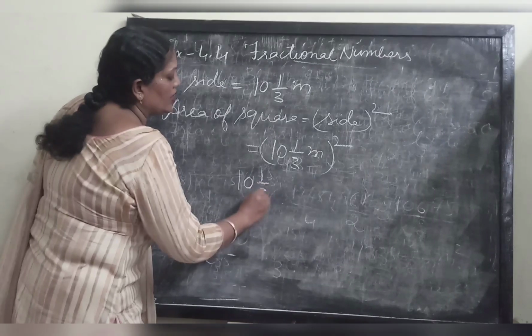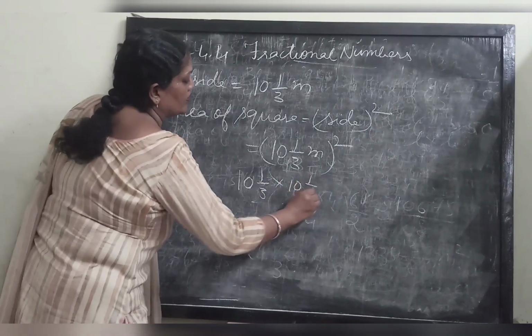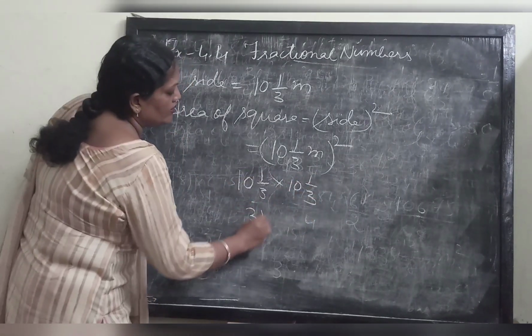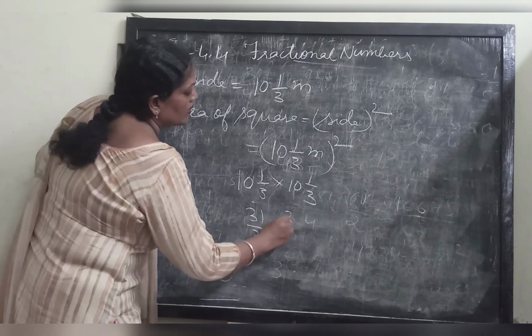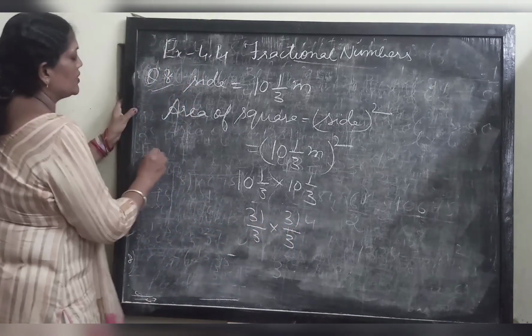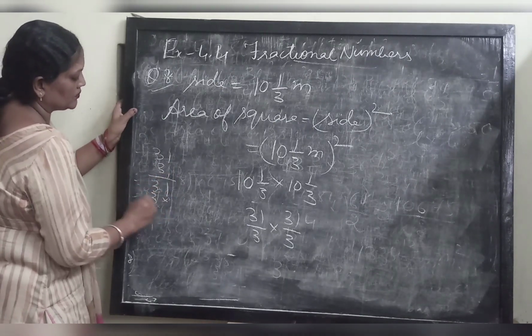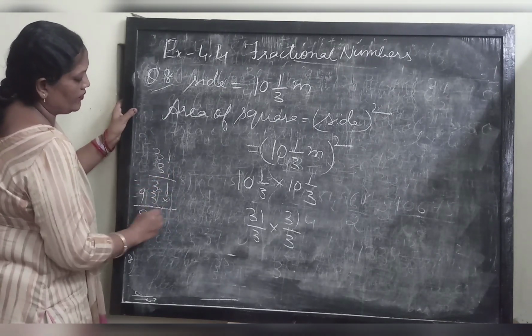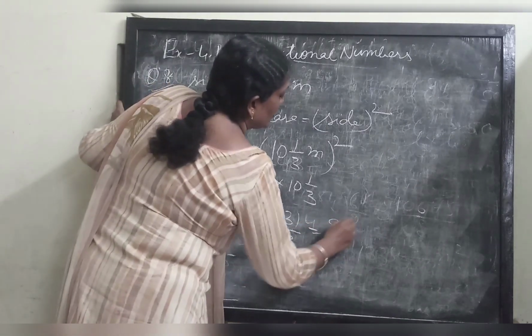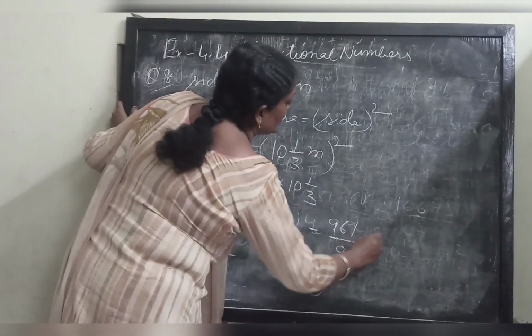10 1/3 into 10 1/3. 31/3 into 31/3. What is 31 31s? 961 over 9 meter square.